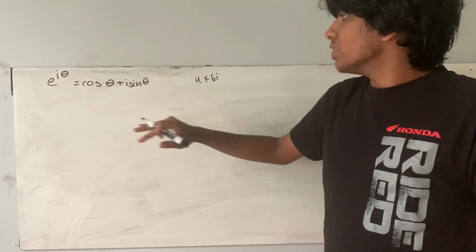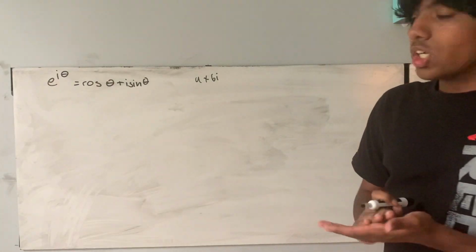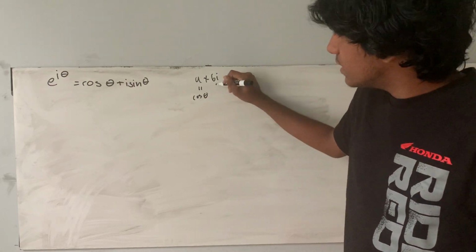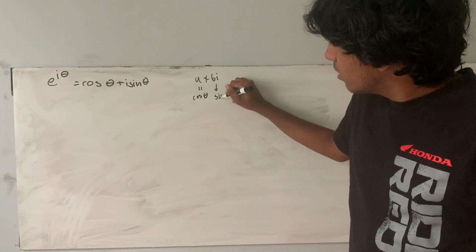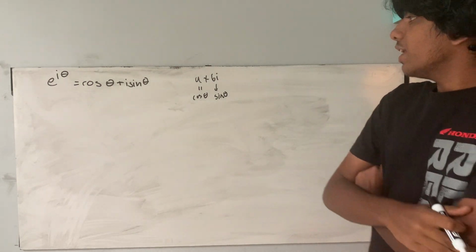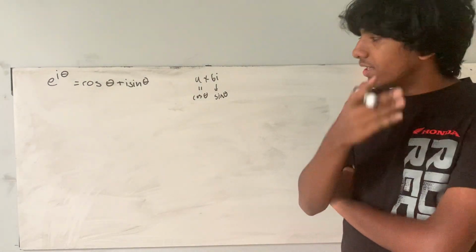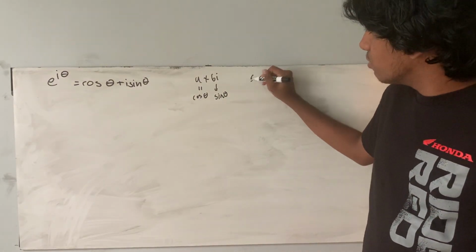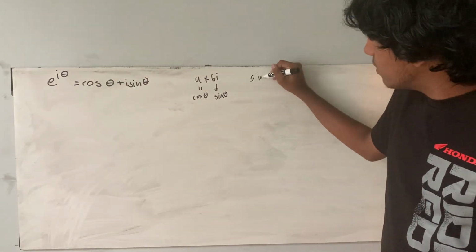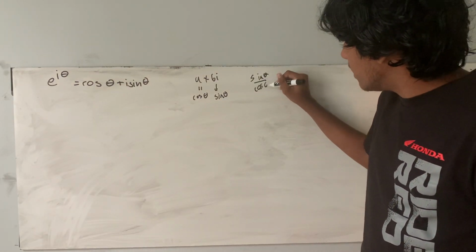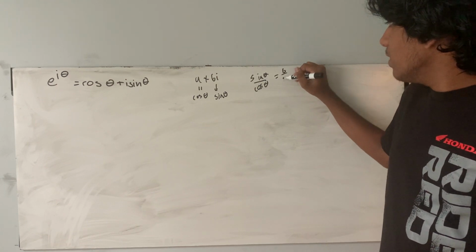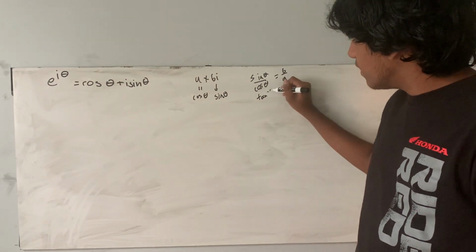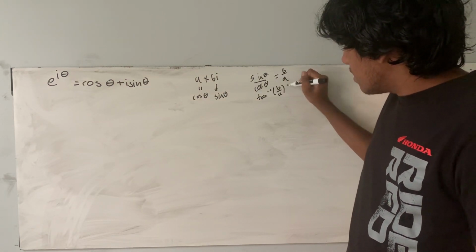Since this resembles it so much, maybe we can associate the cosine of theta with the a term and the sine of theta with the b term. And we can find theta by setting a ratio and saying that sine of theta divided by cosine of theta has to equal b over a, and this is tangent. Obviously we take the inverse tangent of both sides, and the inverse tangent of b over a equals theta.